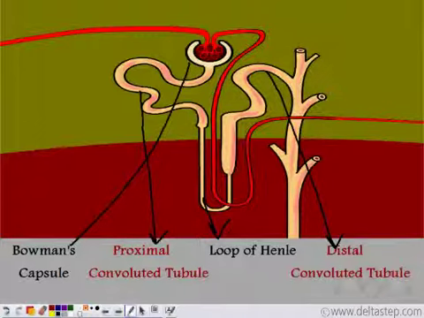Tubular secretion of potassium and penicillin takes place in the distal convoluted tubule. Now, the liquid formed is urine and it gets collected in this duct.